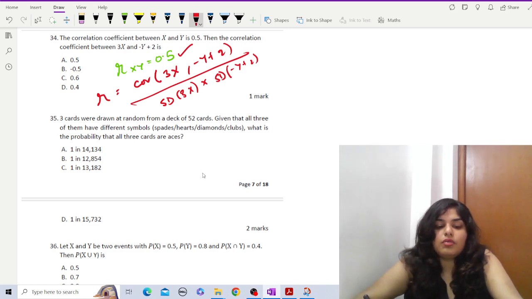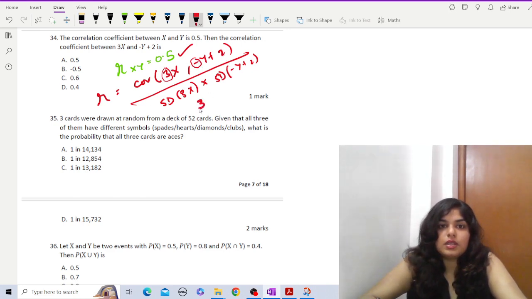Okay, now one thing we can do from here is that we can take out the value 3. How can we do that? See, here it is 3 into minus 1 into cov of xy.